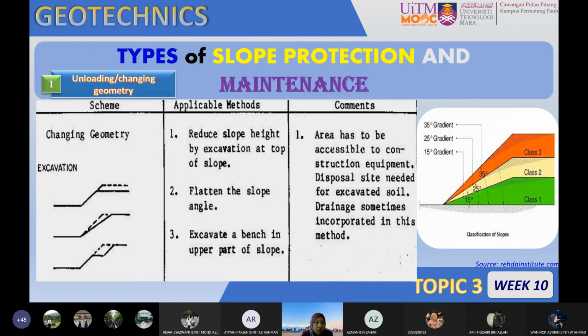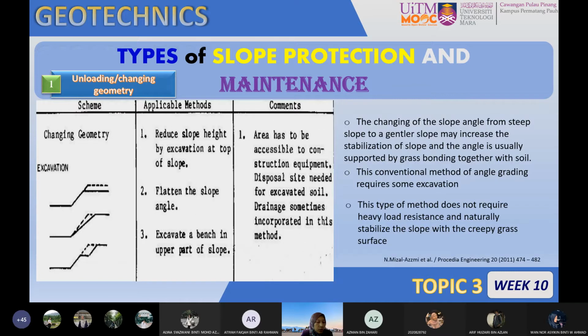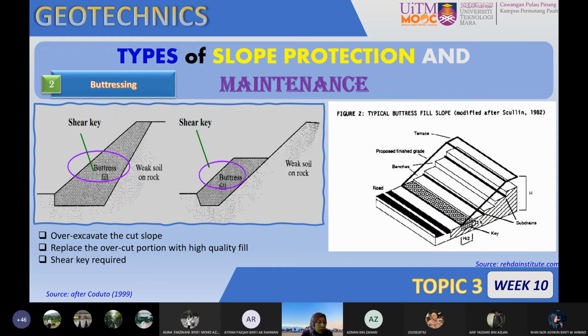So these are the classifications of the slope when you opt for the second method, flattening the slope angle. Then the next method of repairing work or slope maintenance is buttressing. It is used to strengthen the slope using the shear key.